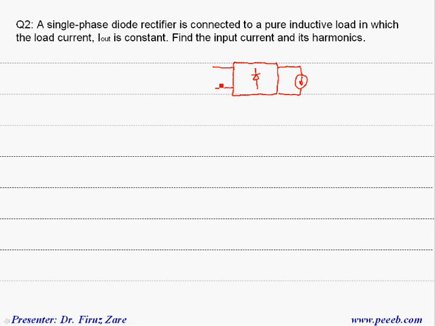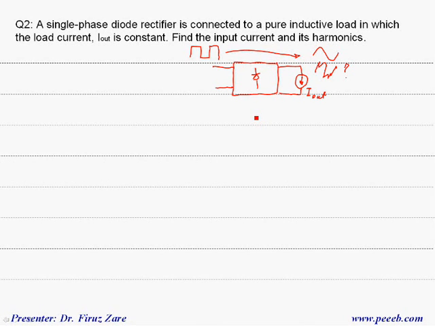The input current is a square wave, and this square wave basically consists of a sine wave plus harmonics. So we have to find these harmonics. In order to find the input current and its harmonics, we can use Fourier analysis.